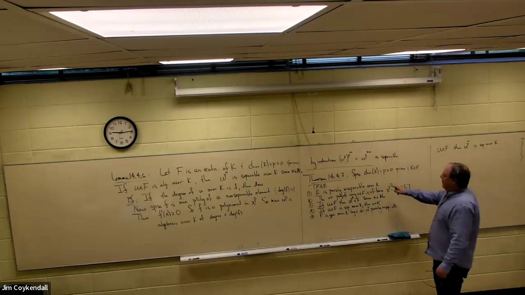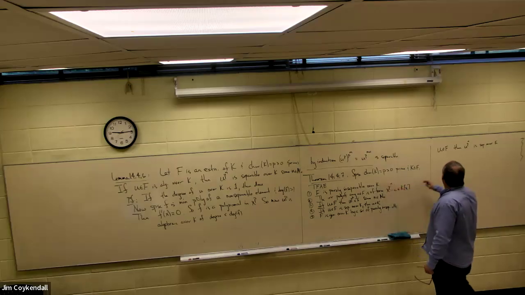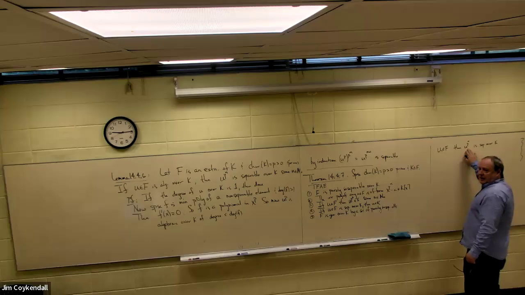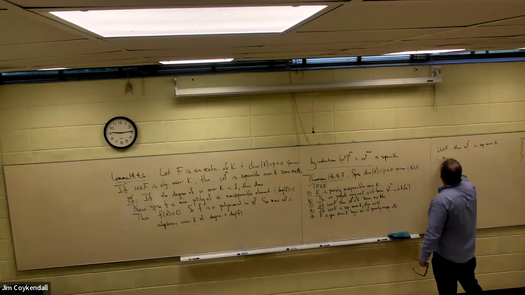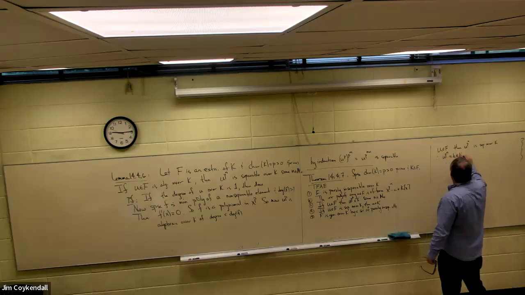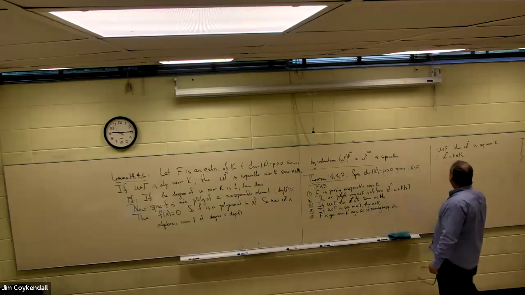But under this assumption that F is purely inseparable, for this thing to be separable, it has to be in K. Therefore, u to the p to the n is in K.